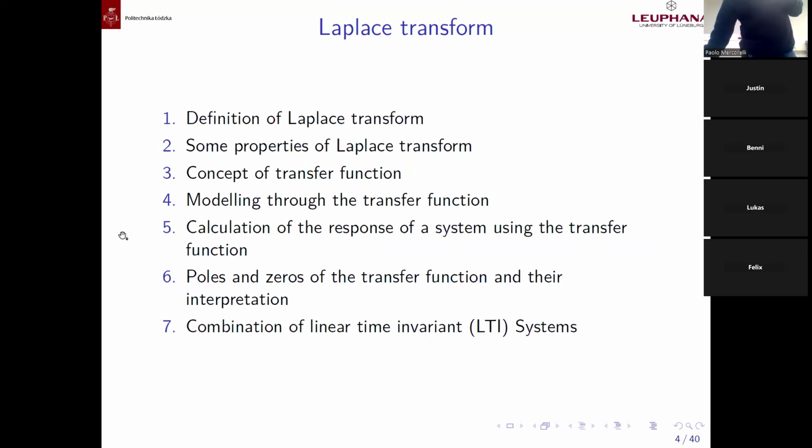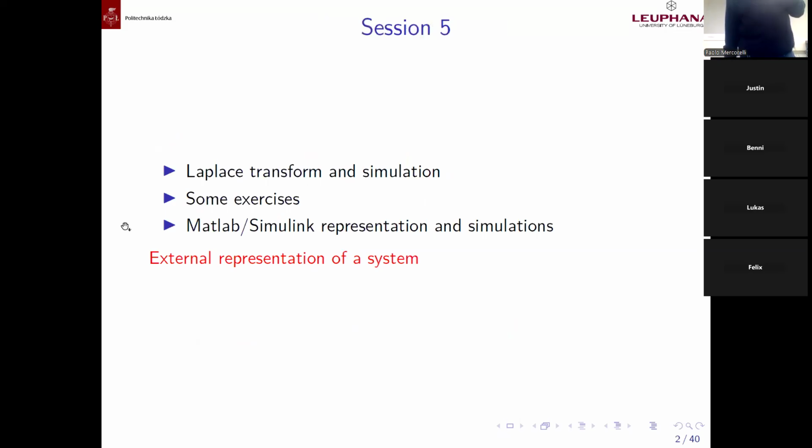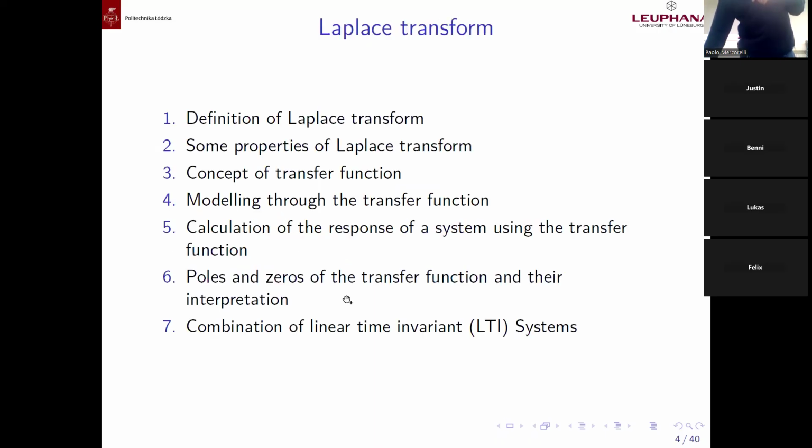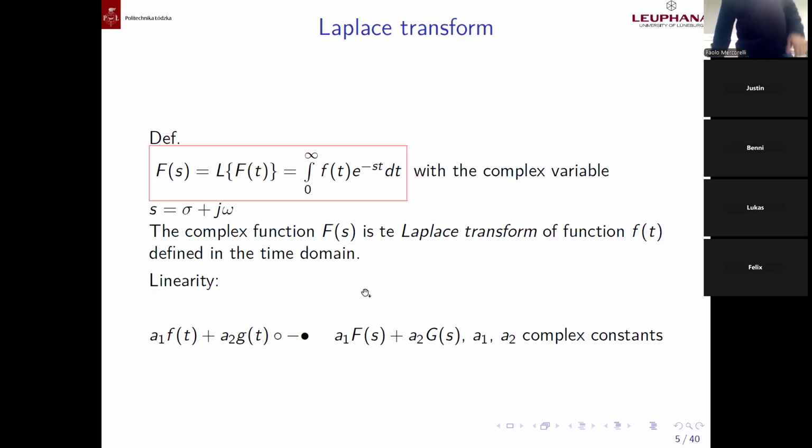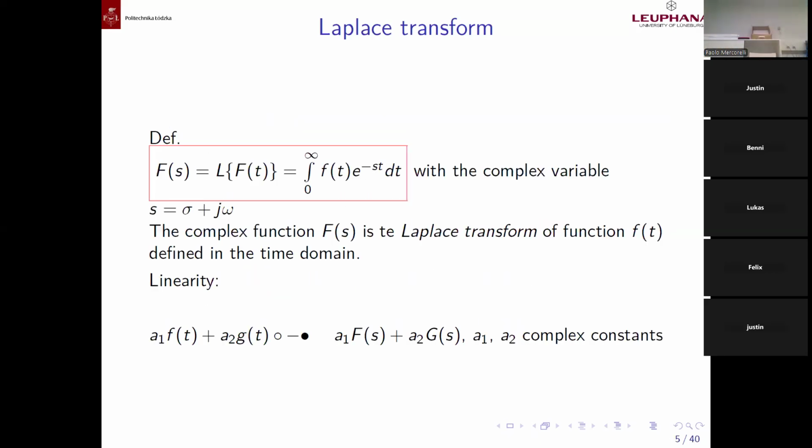The price is exactly written here in red. I didn't comment on it at the beginning. External representation of a system is exactly this. This means using Laplace, directly, we will consider just an external representation of the system. I will clarify a little better what I mean when we go in depth on the detail. Okay, this is the definition.